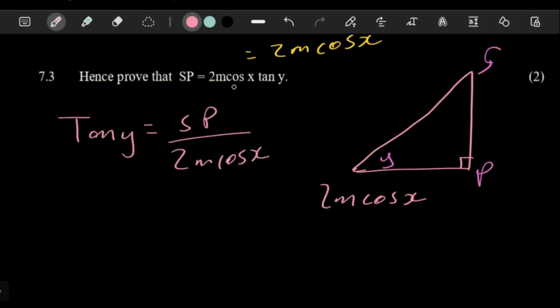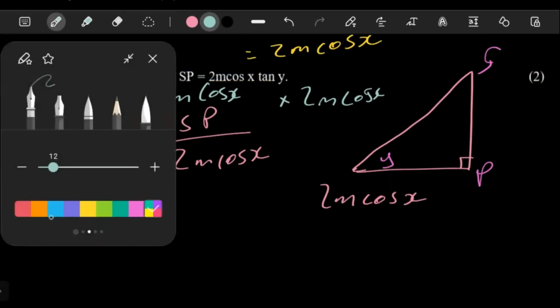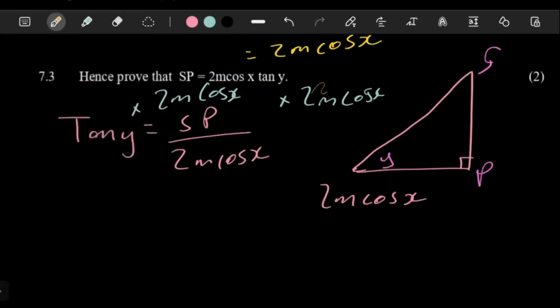The only thing is, you see here, they have SP as the subject of the formula. So you can just multiply by 2m cos x. What we did on one side, we have to do on the other side. So you can even start by writing SP now.